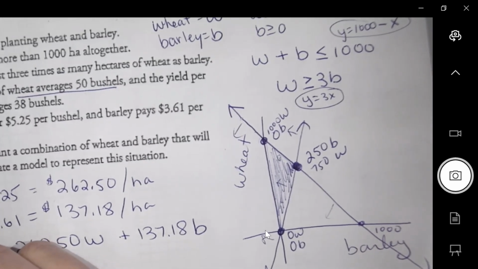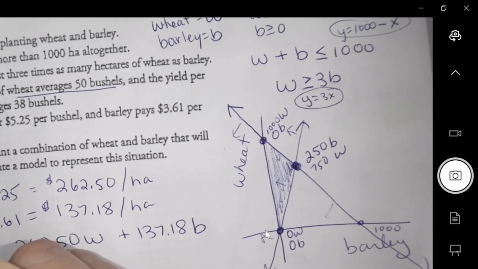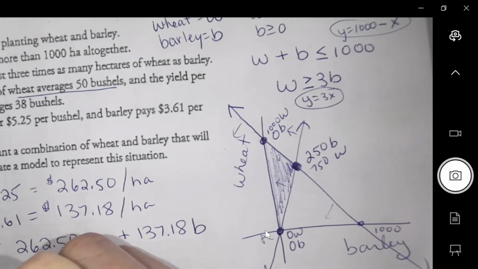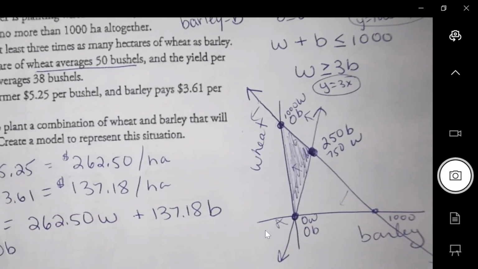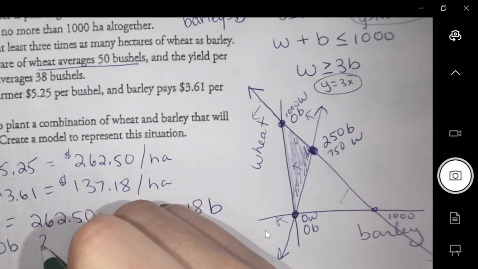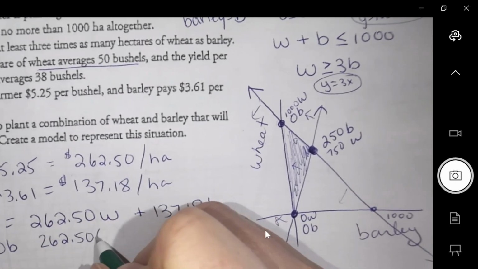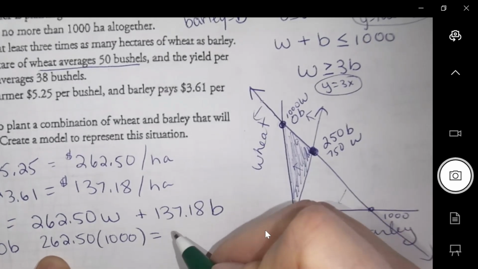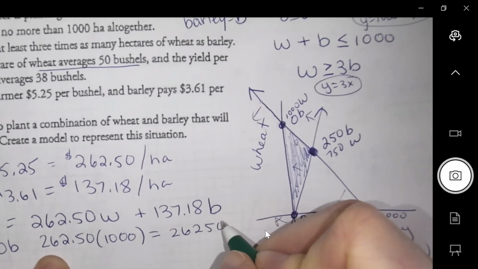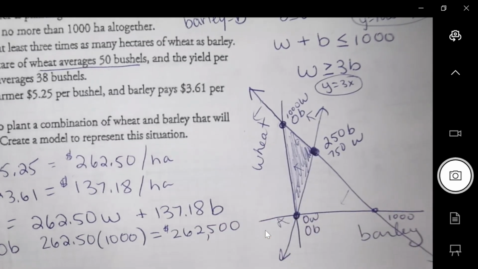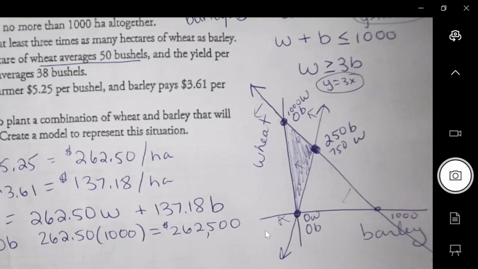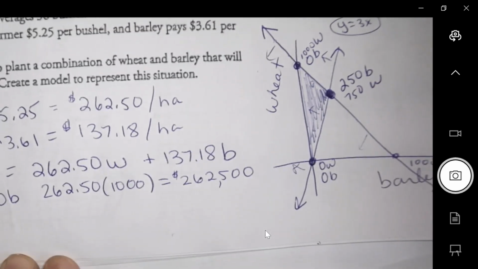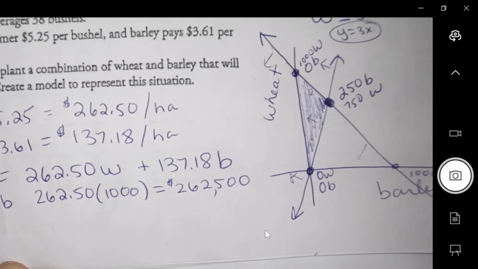So if we did 1,000 wheat and no barley, how much money would you make? Okay, try the other point.